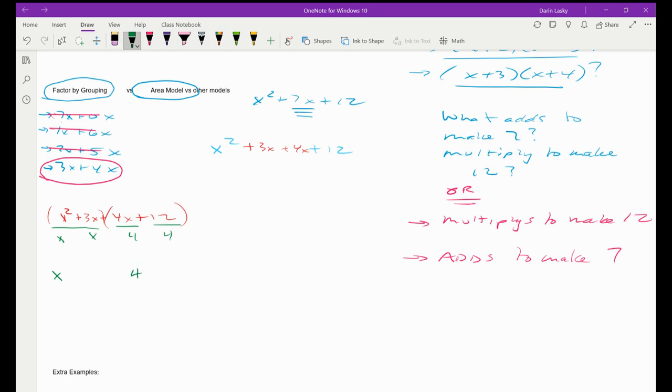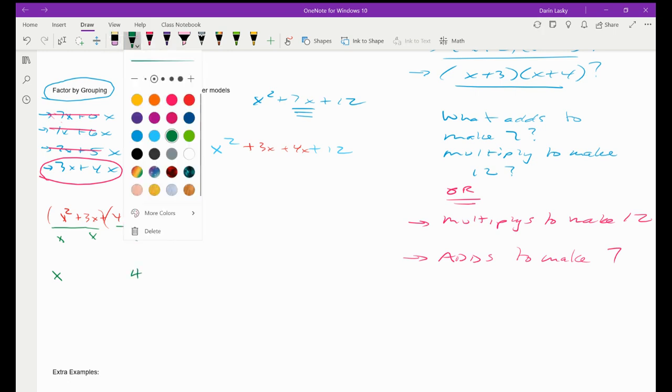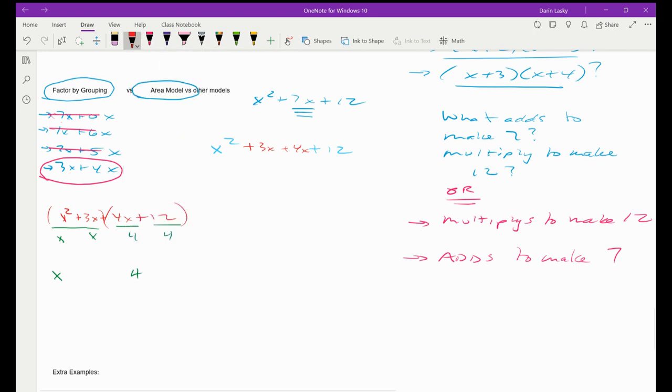Okay? Now, what's left? Let's rewrite this. So, put my parentheses here. We're using a positive 4. So, x squared divided by x gives me just an x. 3x divided by x just gives me a 3. 4x divided by 4 gives me just an x left. 12 divided by 4 gives me a 3 left.